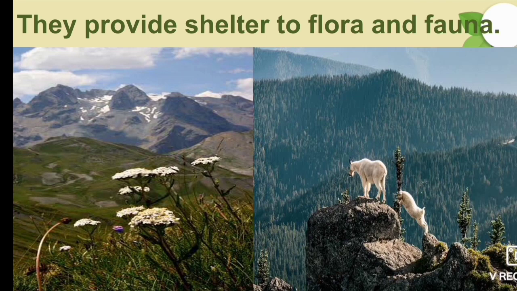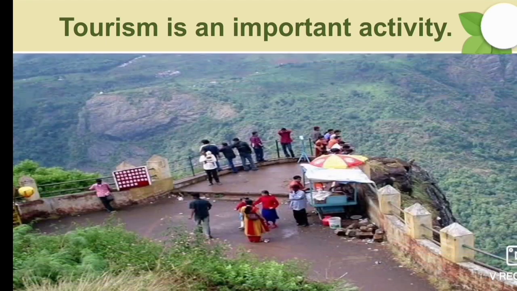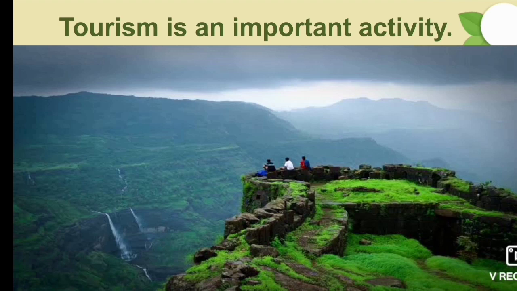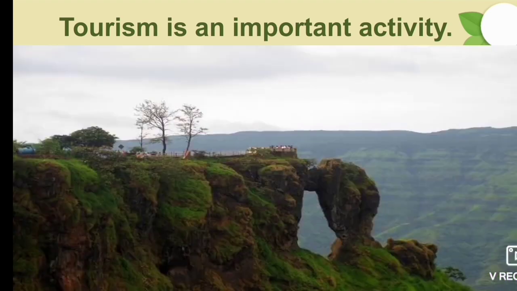Flora means plants and fauna means animals, which means the mountains are home for many wild animals, plants and trees. Students, tourism is an important activity of mountains. More than 50 million people visit mountains each year. During summer, people go to mountain regions to enjoy the pleasing cool weather.